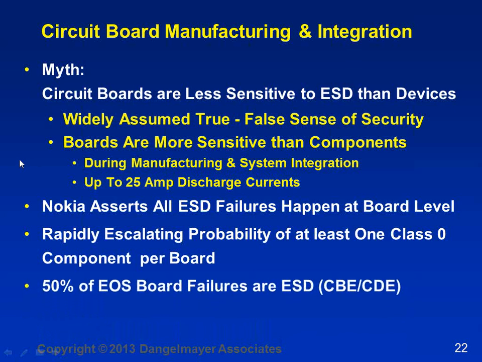And we learned from ADI that 80% of board failures are often ESD at the board level, or CBE. We actually had one client where we implemented charge board event countermeasures and reduced their electrical overstress failure rate by 80%. So 50% is a good rule of thumb.